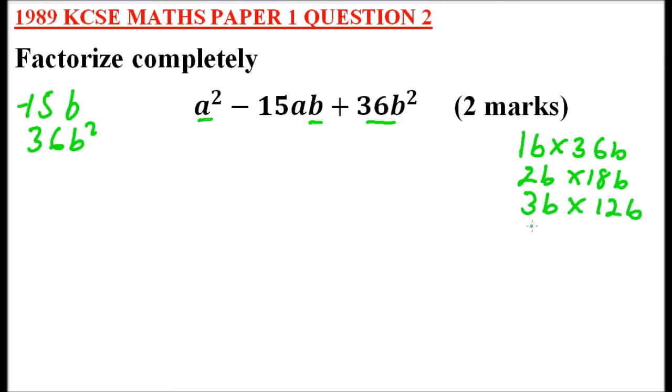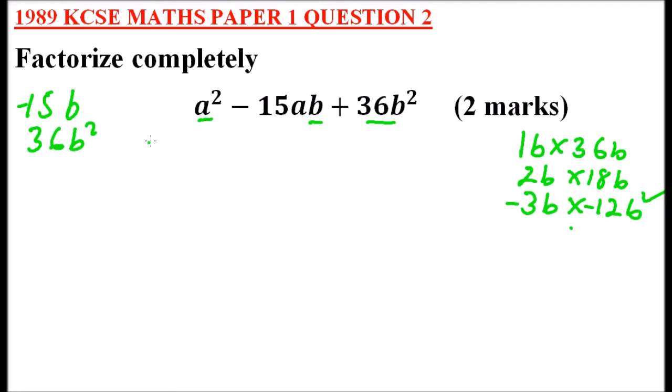This seems like it can give us something, because if we put minus 3b and minus 12b, that should give you positive 36b squared. When you add minus 3b plus minus 12b, that should give you minus 15b. So it means we can use that.